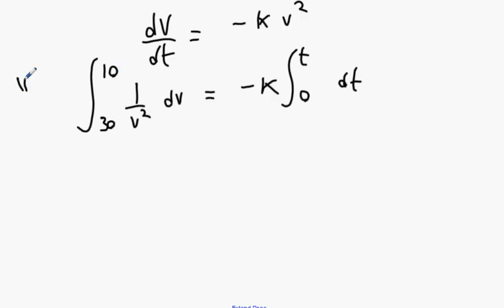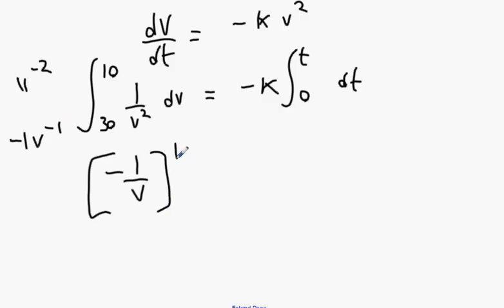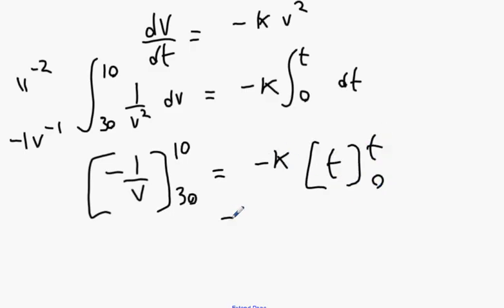Integrate. I'm basically integrating v to the power minus 2, which turns into minus 1 over v, or minus v to the minus 1, and that is from 10 to 30. The other side is minus k times the integral of dt from 0 to t, basically minus kt.